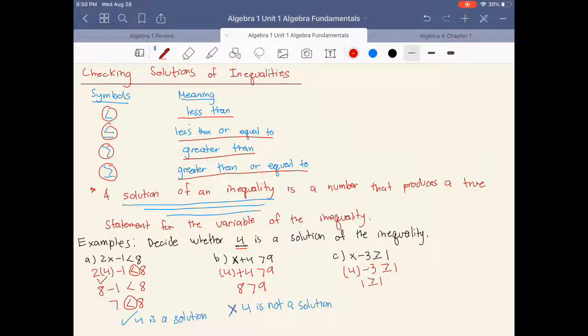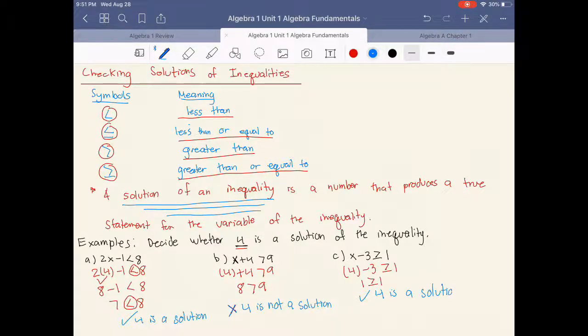But that's why I said greater than or equal to, so that or meaning it can equal to it with this symbol. So 1 is equal to 1, yeah? So that means yes, 1 greater than or equal to 1 is a solution, or it is a true statement. So that means 4 is a solution to C.